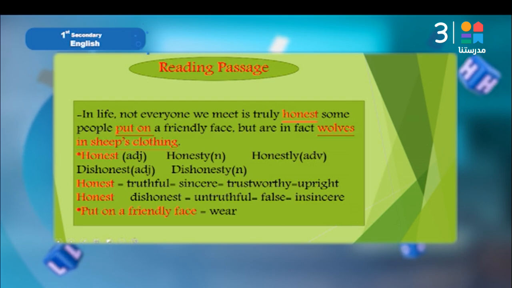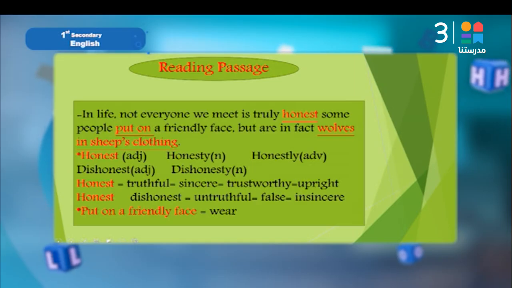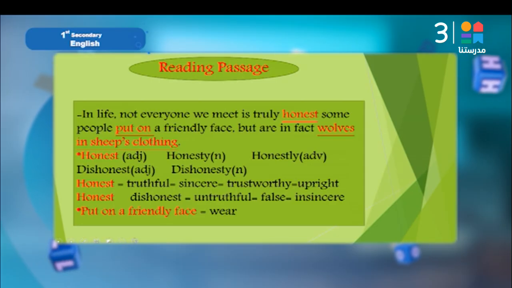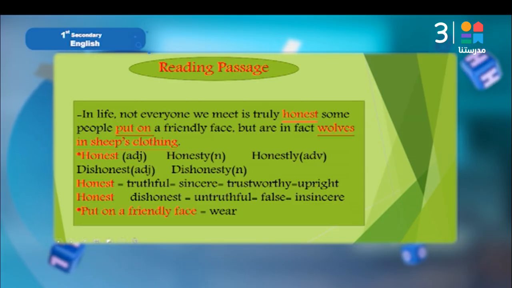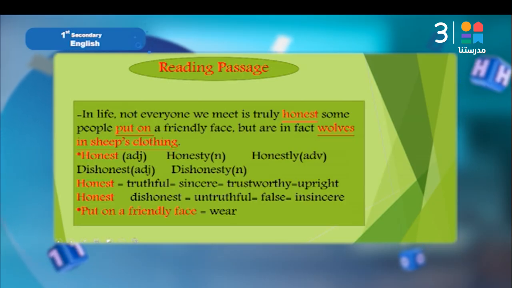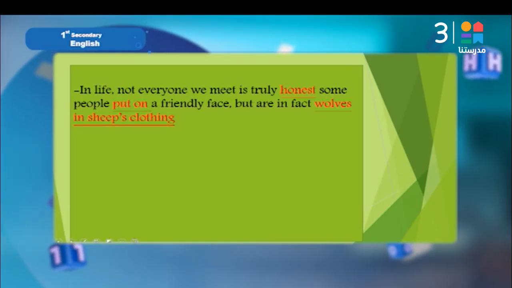That means that they are wearing a mask, a friendly mask, in order to hide their own identity. But are, in fact, wolves in sheep's clothing. So people who are trying to hide their own identity, we call them wolves in sheep's clothing.